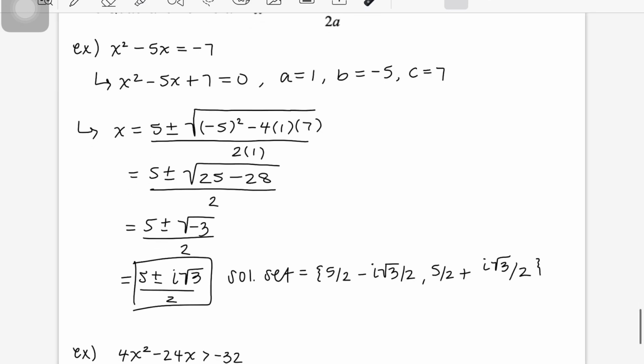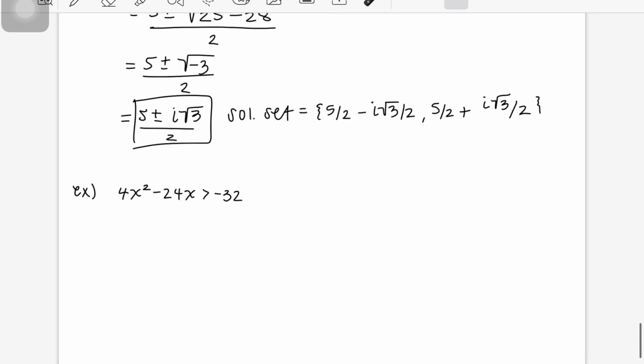Alright, so the last example we're going to look at is one where we want to solve a quadratic inequality. So this example here. So the first thing we're going to do is, again, just write this in standard form. So we're going to add 32 to both sides here. So we'll get 4x squared minus 24x plus 32. And we want to figure out for what x's will make this greater than 0.